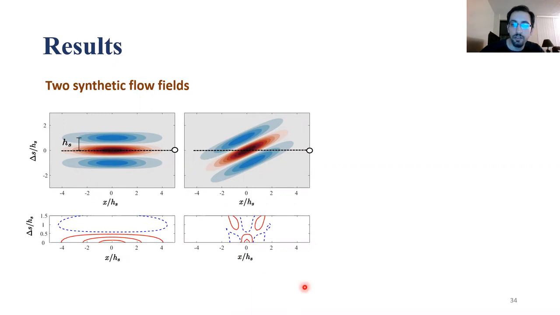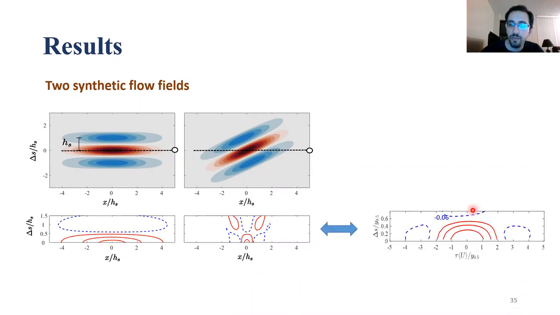Now, if we compare these correlation maps with the experimental correlation map from the VLSM, in fact, the VLSM component of the correlation map, we see that this one, which is associated with the oblique structures, resembles, qualitatively at least, the experimental correlation map. Particularly, we see these negative correlation lobes in the streamwise direction in the experiment and in the synthetic flow field.